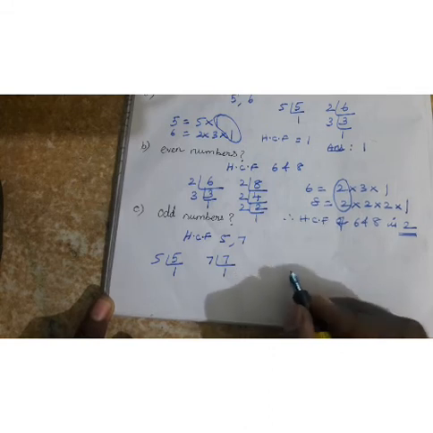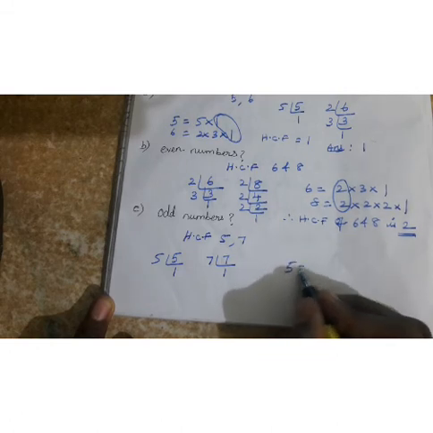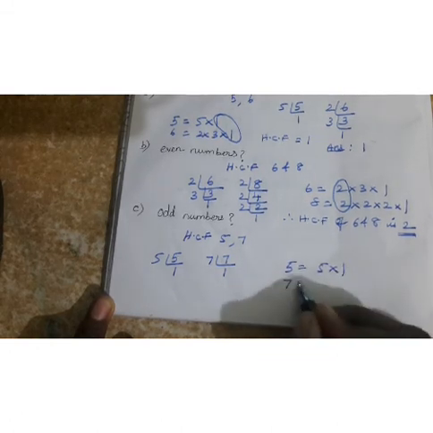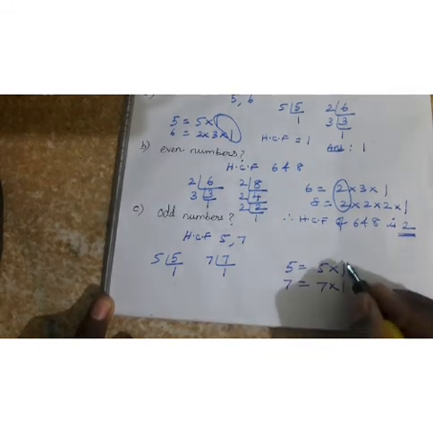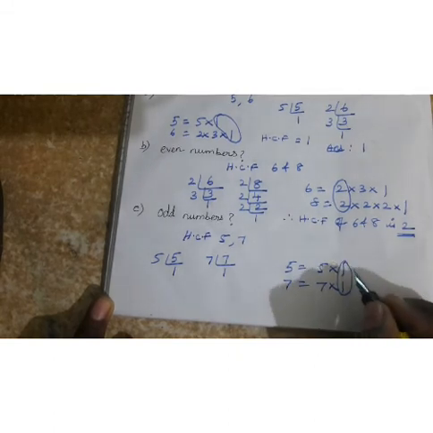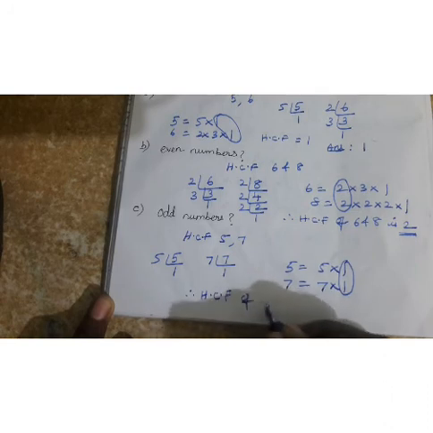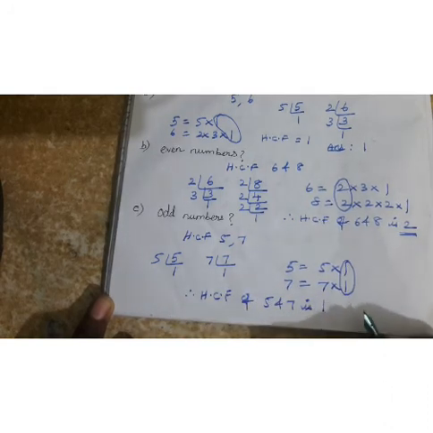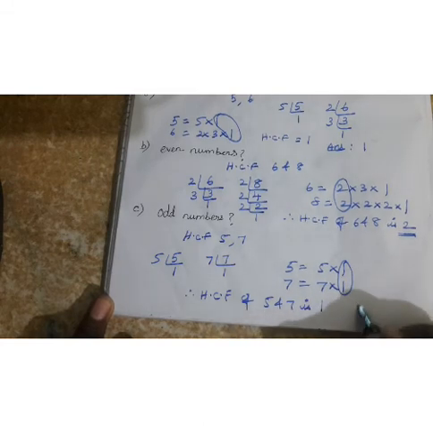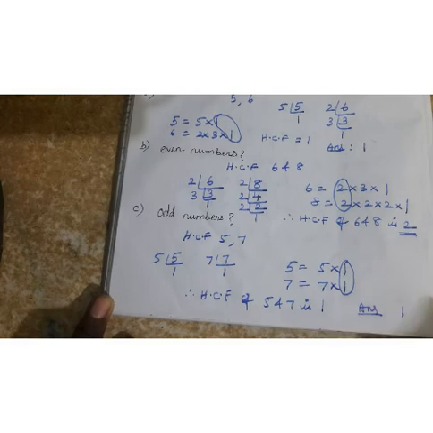Now write the prime factors of 5 and 7. 5 equal to 5 into 1. 7 is equal to 7 into 1. So the common factor is 1. Therefore, HCF of 5 and 7 is 1. So the HCF of two consecutive odd numbers is 1. Answer is 1.